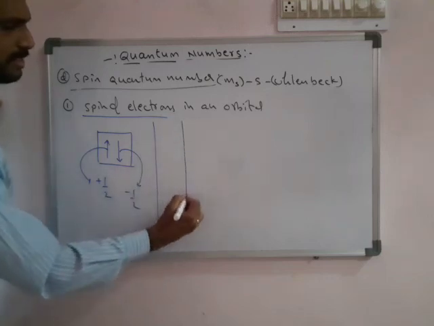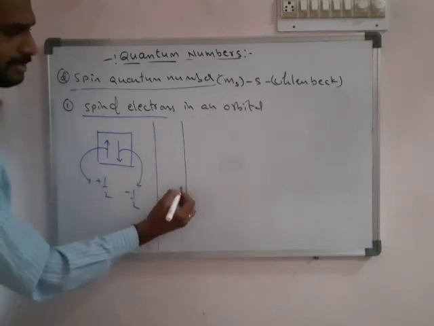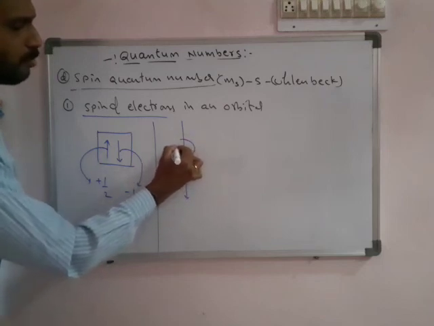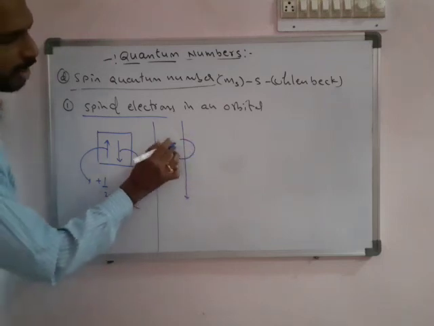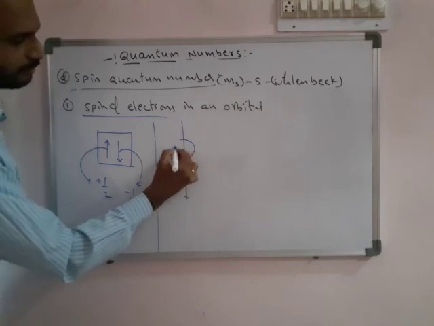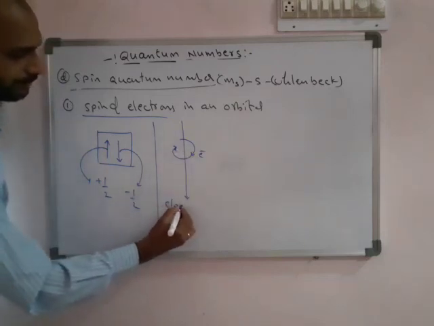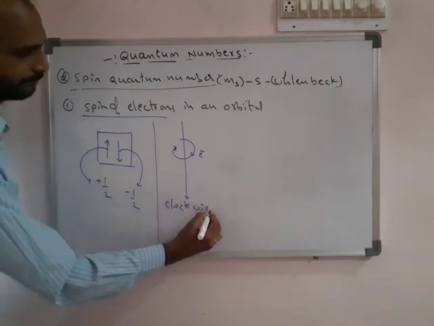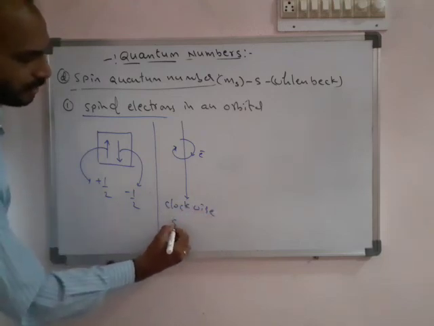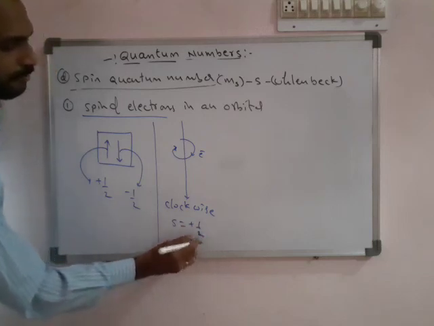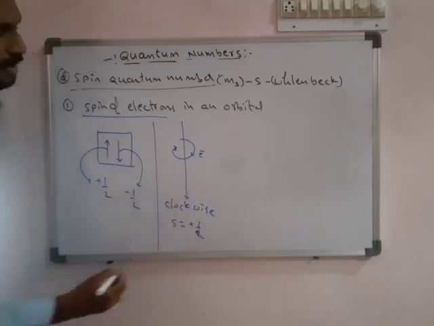There are 2 possibilities for spinning of electrons around their axis. For example, around an imaginary axis, the electron can move clockwise. For that electron, s is equal to plus half, meaning its spin quantum number is plus half.